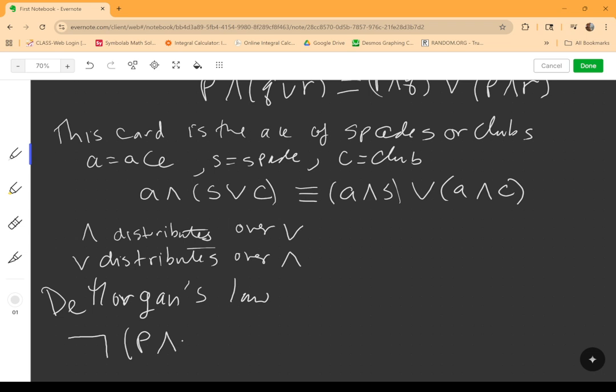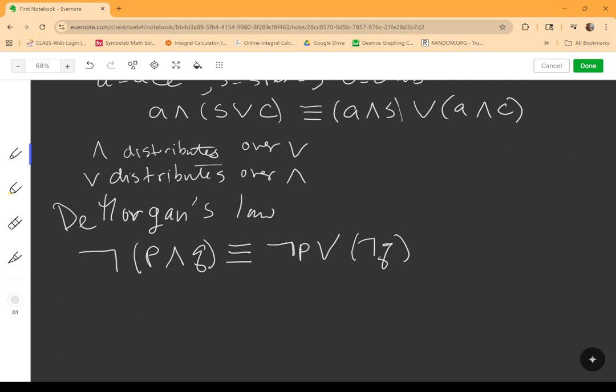So not (P and Q) is logically equivalent to not P or not Q, and not (P or Q) is logically equivalent to not P and not Q.